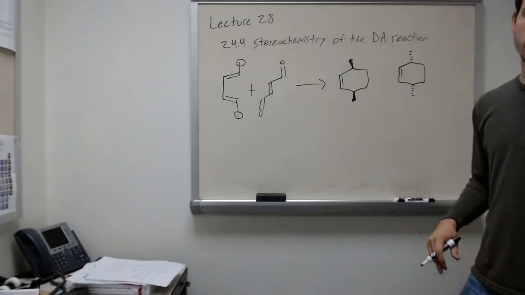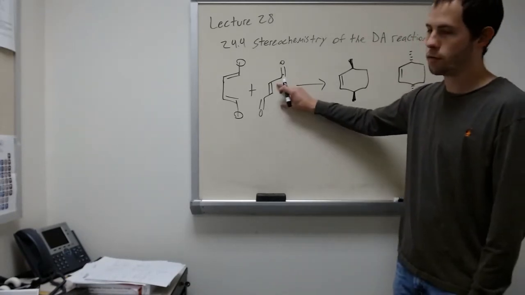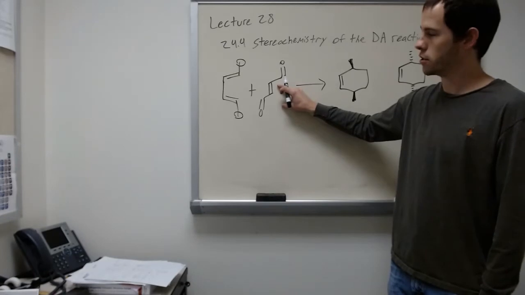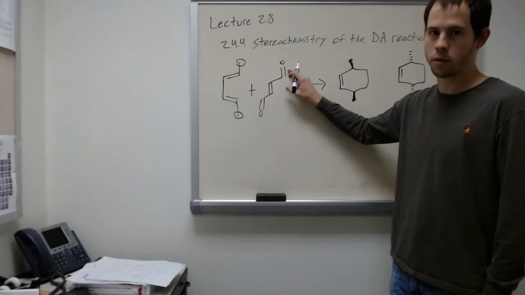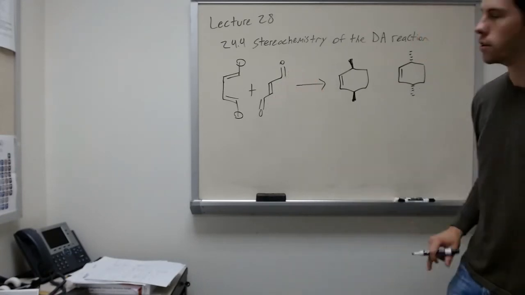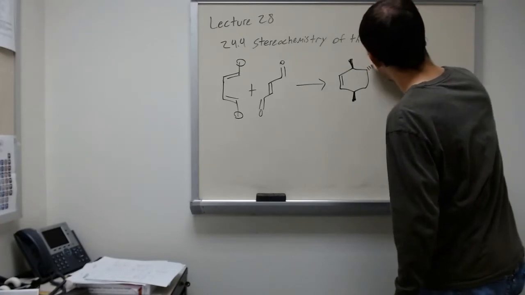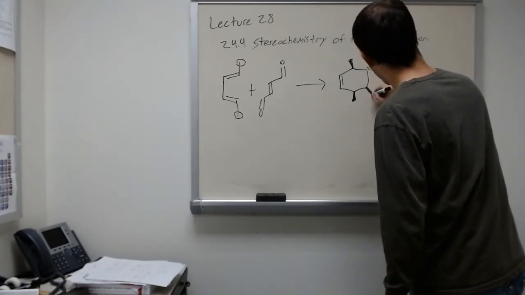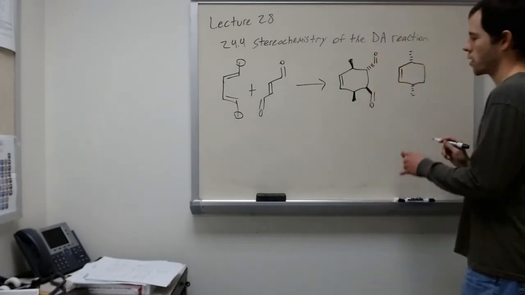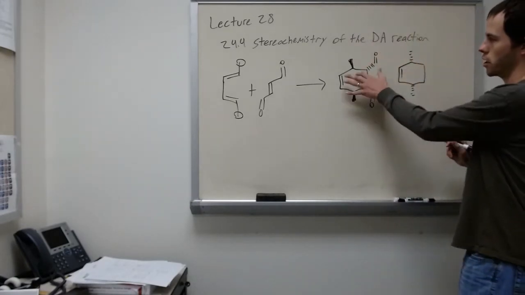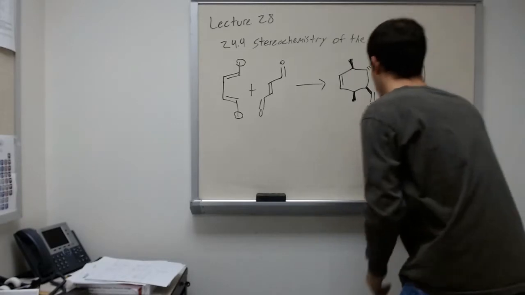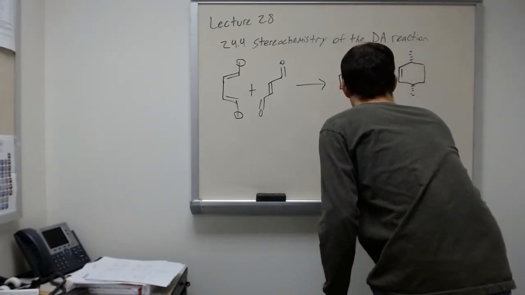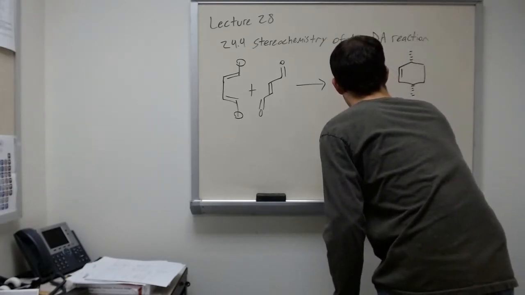All right, and then we look at our dienophile. We see that it's trans, and so we know that means that these groups end up being trans to each other. So they'll be trans on this ring in both ways, so we need to draw it again.